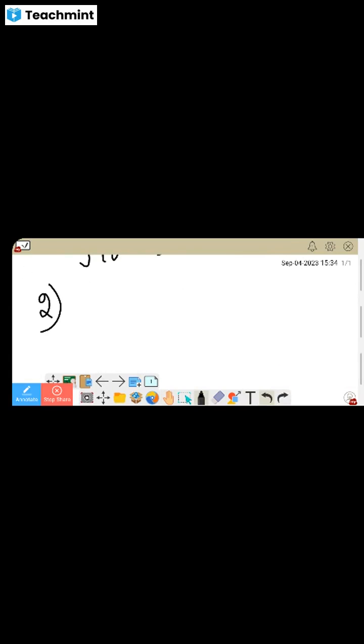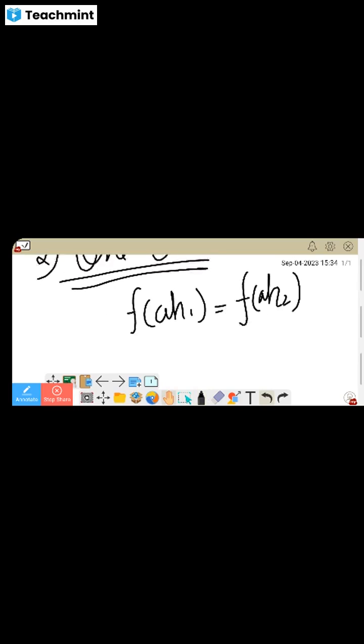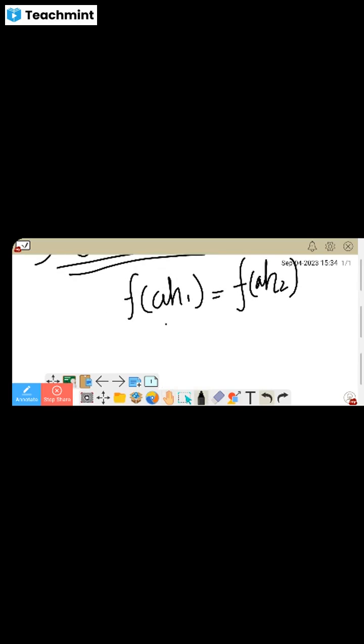Second condition is 1-1. So for 1-1, we take equal function, then their elements must be equal. So here we are taking function equal. Further, we'll show that their outputs also equal.